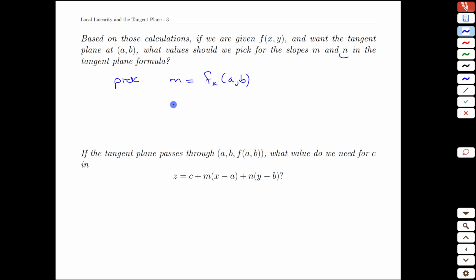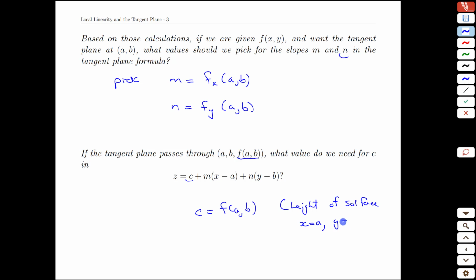And by perfect analogy, the slope that goes in front of the y coordinate, we would compute by finding the y derivative of our surface at the point a, b as well, and calling that n. And finally, if we want to know the z coordinate at the point a, b, well, that's exactly the height that we should obtain from our formula. So we're going to have that last unknown constant c defined by the height of the surface at the point x equals a, y equals b.